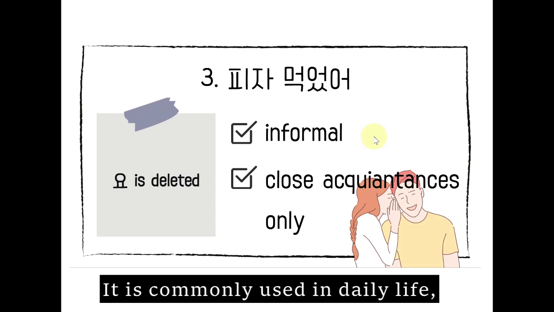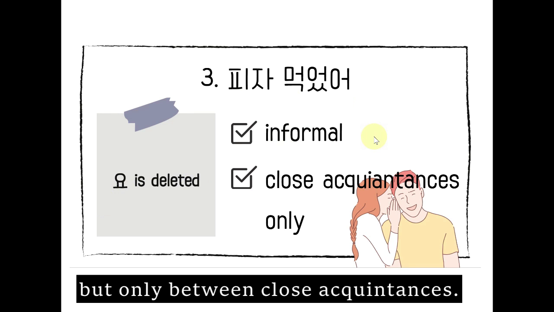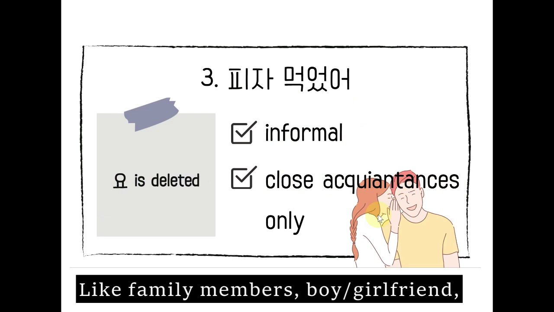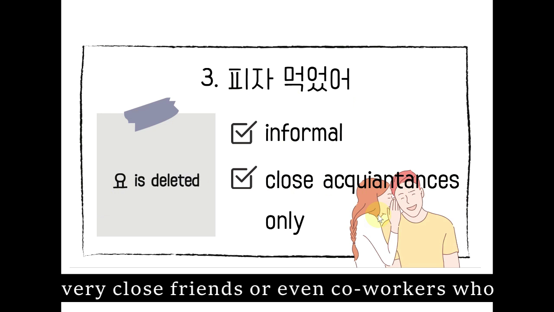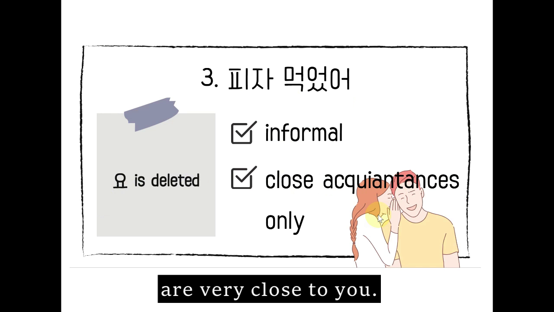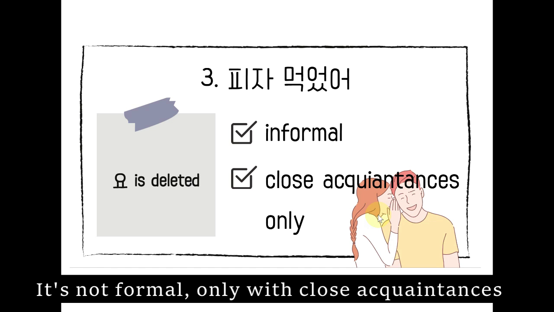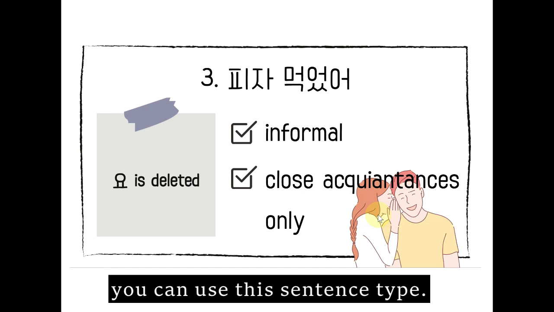It is commonly used in daily life, but only between close acquaintances, like family members, boyfriend, girlfriend, or very close friends, or even with co-workers who are very close to you. It's not formal. Only with close acquaintances you can use this sentence type.